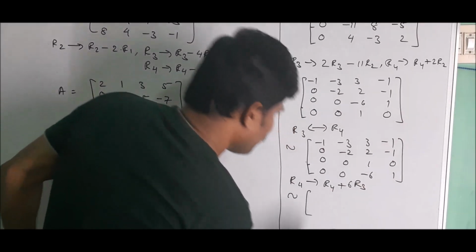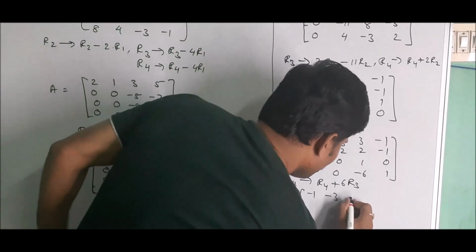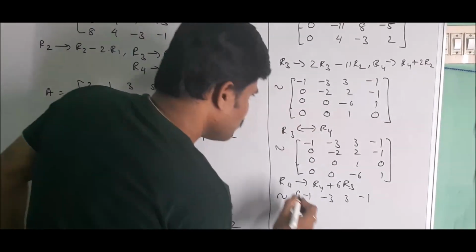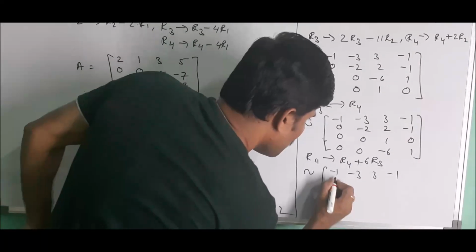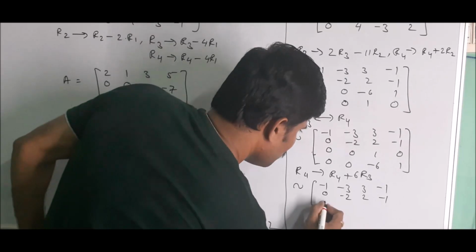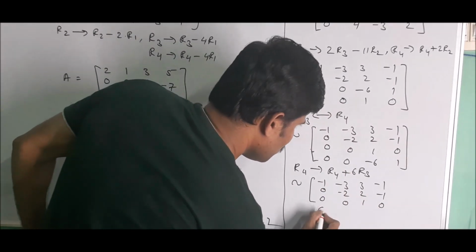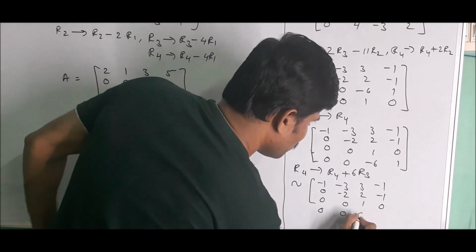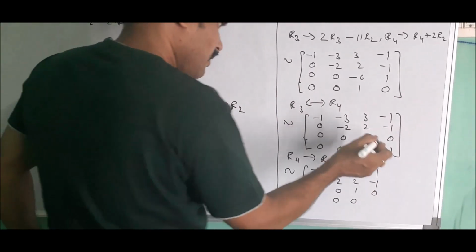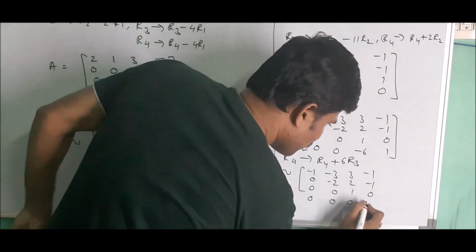Now the first three rows do not change: minus 1, minus 3, 3, minus 1 and 0, minus 2, 2, minus 1, 0, 0, 1, 0. In the fourth row, 0, 0, this is also 0, and 1 plus 6 into 0, this is 1 plus 0, which means 1.